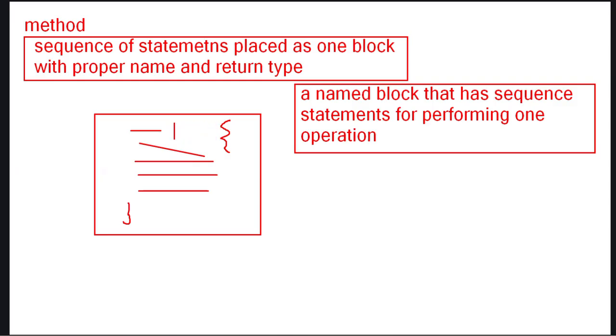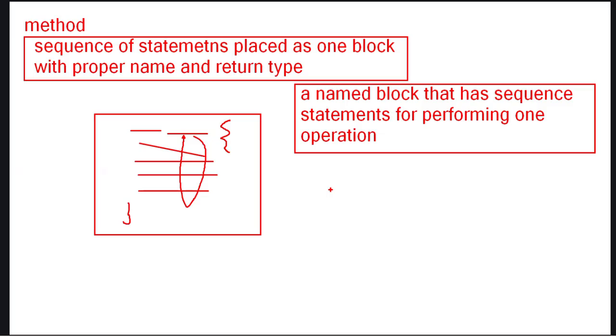Which operation you want to perform? Choose the name of that operation as the method name. Understood? Whenever you find inside the main method that you are writing the same logic repeatedly, immediately move that logic into one method and call that method from the main method.